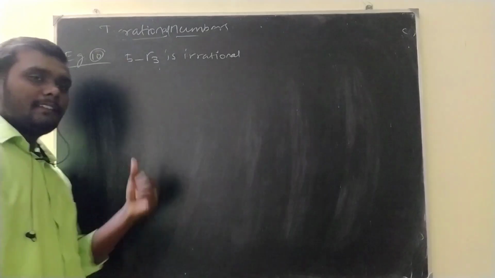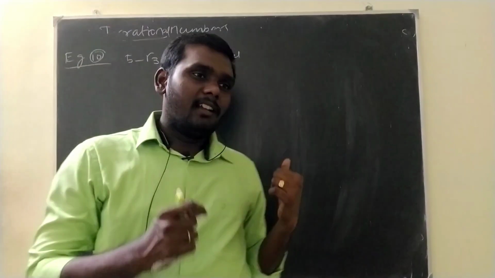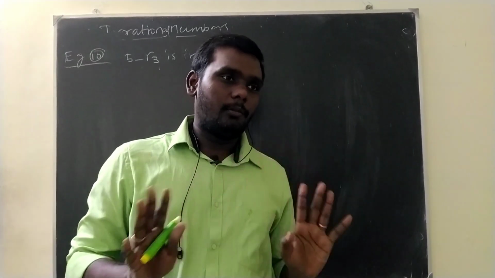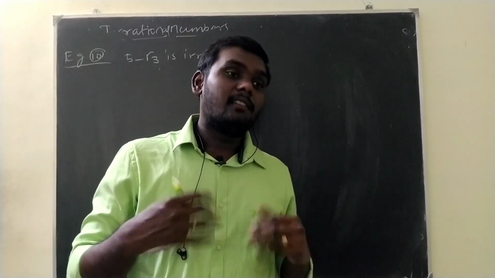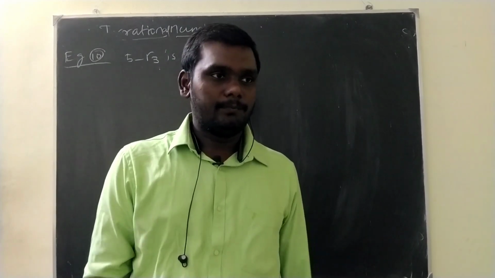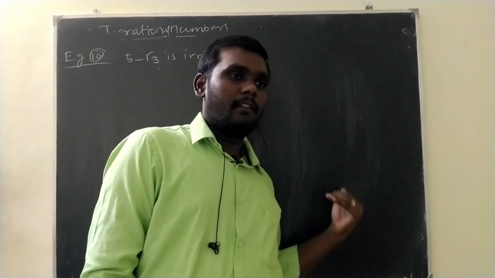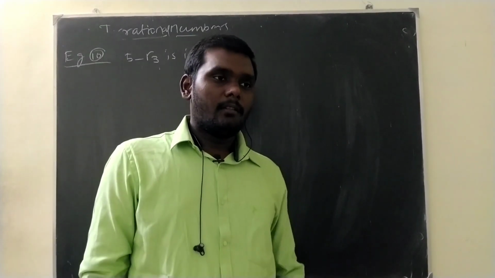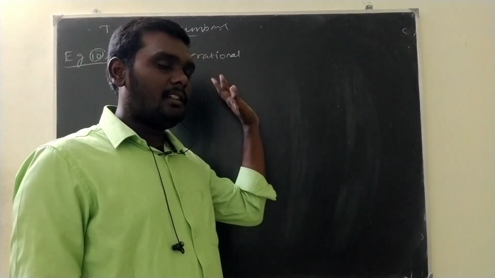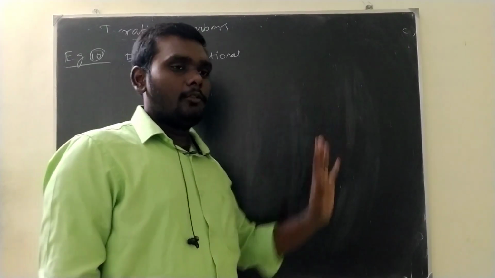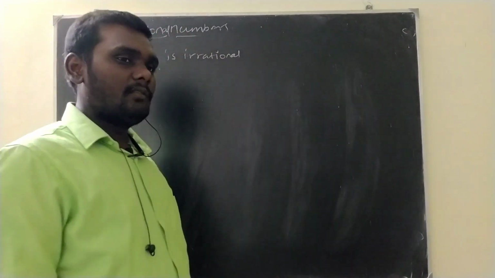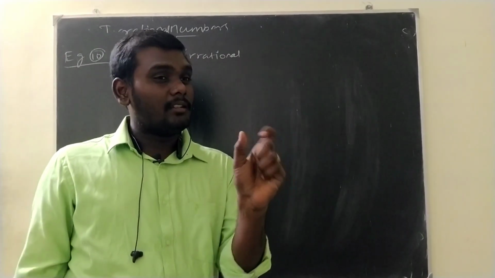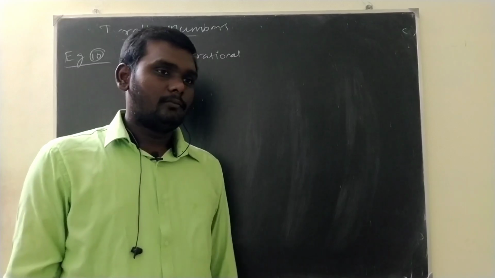See, in this type of question, if it is mentioned that root 3 is irrational in the question, we don't need to prove it. Suppose if it is not mentioned, we have to prove it, like the same procedure we did previously, right? The same thing we have to do. Okay. So here we consider that it is mentioned root 3 is irrational. In the question itself they give, given that root 3 is irrational. If that is not there, we have to prove.